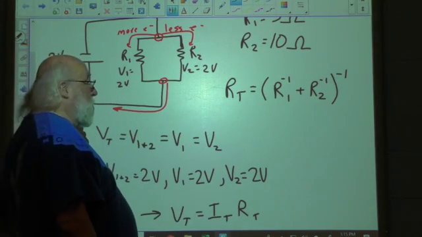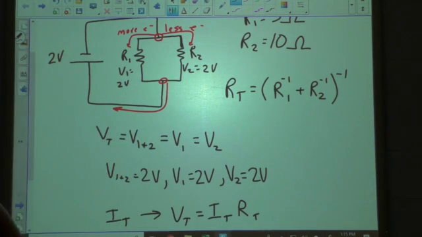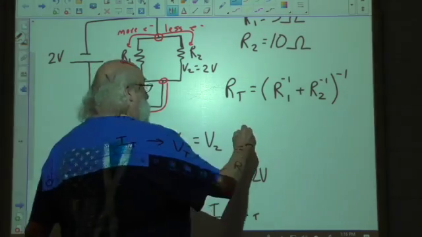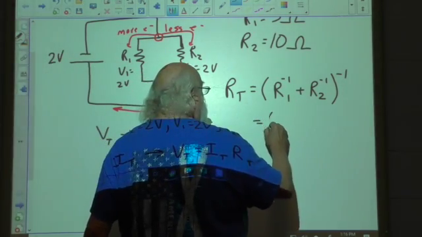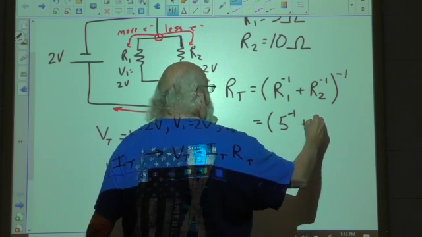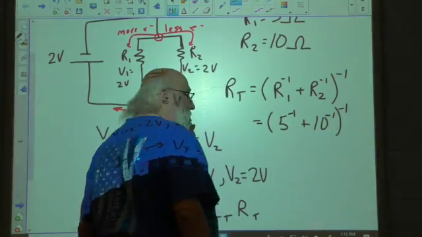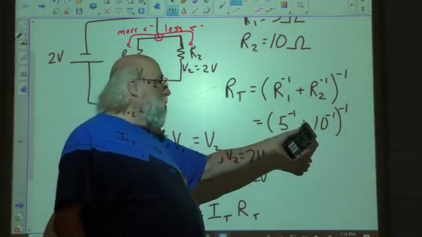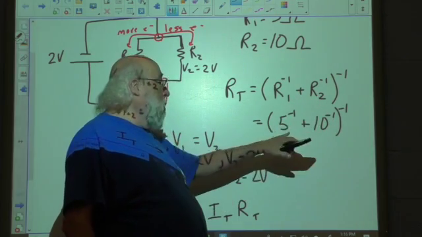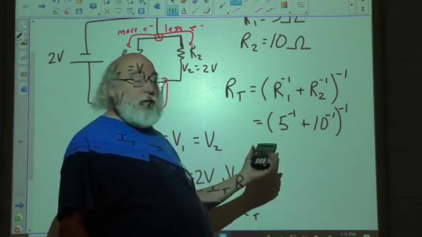If we do this, we need a calculator to get through this part, because it's not just 2 anymore. This is going to be equal to 5 to the negative 1 plus 10 to the negative 1, all to the negative 1 power. If they're both negative 1, why do we flip them? Because the plus sign changes it. If that had a times sign, we would not have had to do this.